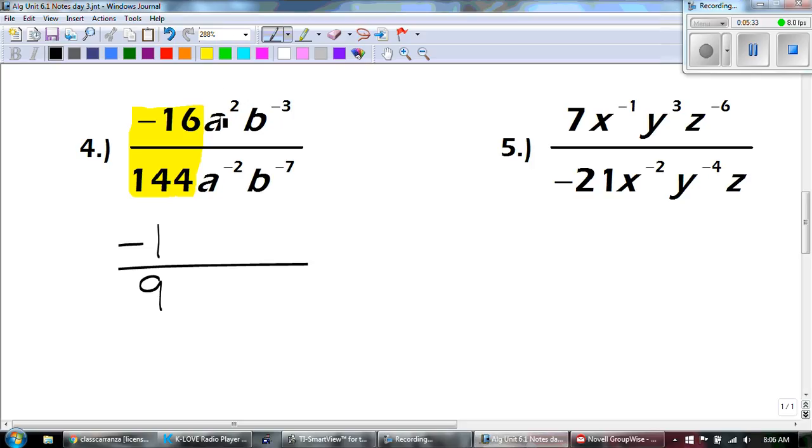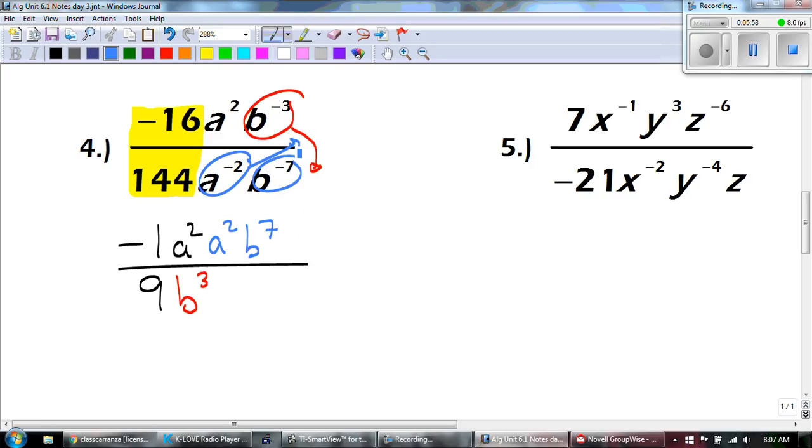And I'm going to go variable by variable. So a squared stays on the top. b to the negative third is going to come down. On the bottom, I have a squared. It needs to come to the top, and b to the negative 7th needs to come to the top.